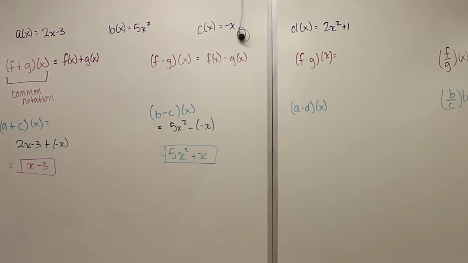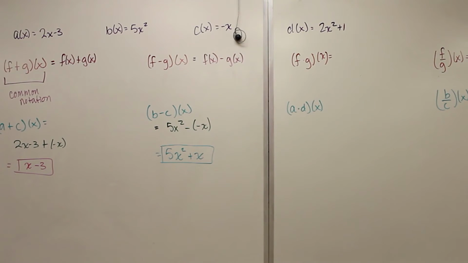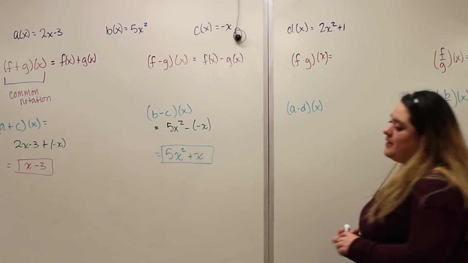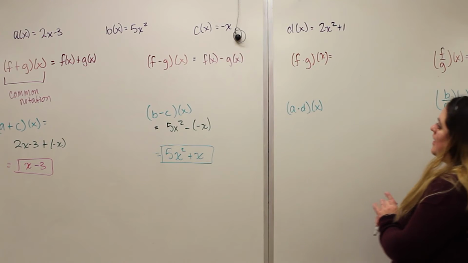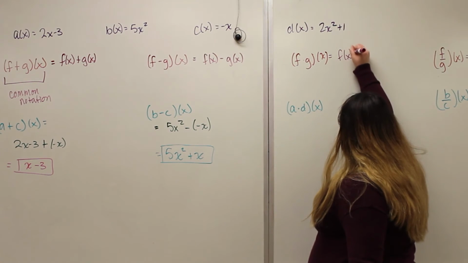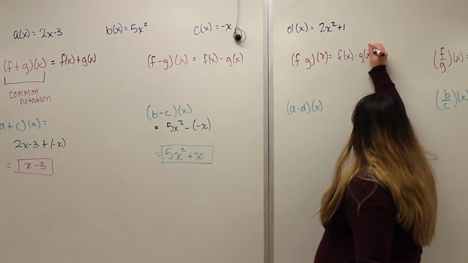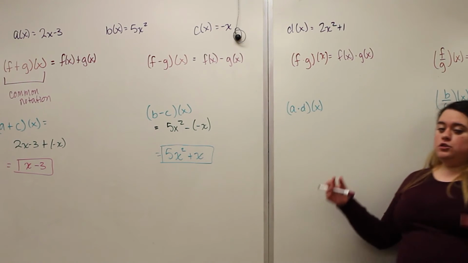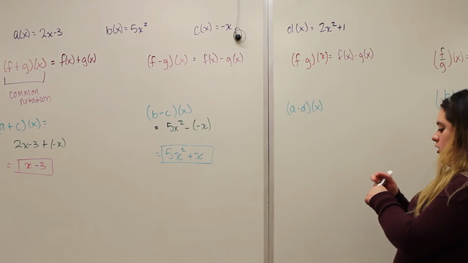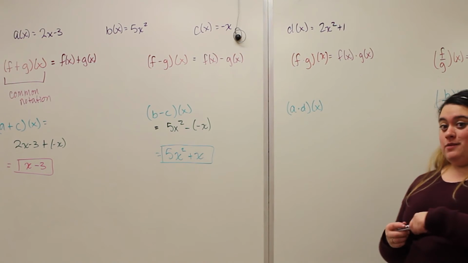The first one is when we multiply our functions together. So (f times g)(x) is the same thing as f(x) times g(x). In other words, you can just take whatever those two functions are and multiply them together. Let's put this into practice.